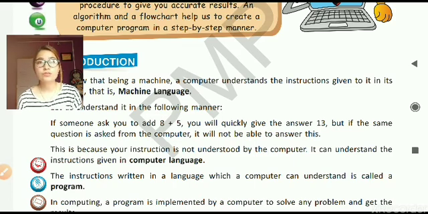So English or maths is not understandable by the computer. These instructions have to be changed into a language called computer language or machine language. The instructions written in this language which a computer can understand is called a program.